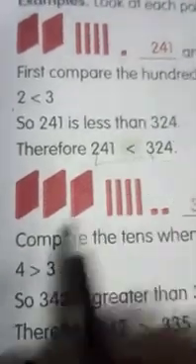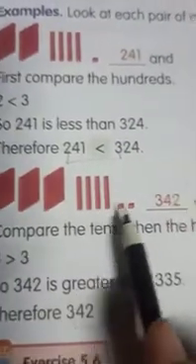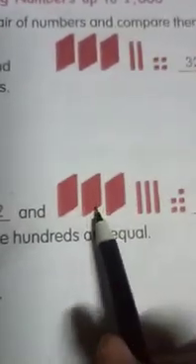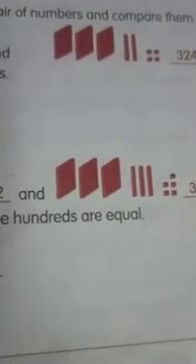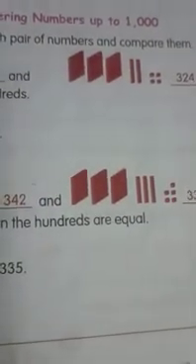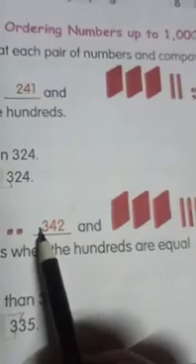Next, here we have 342 and here 335. Children, as I told, in a 3-digit number we should compare the number which is on hundreds place, but on both the sides we have 3.